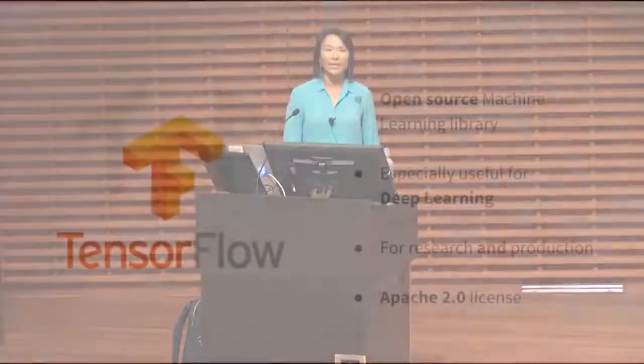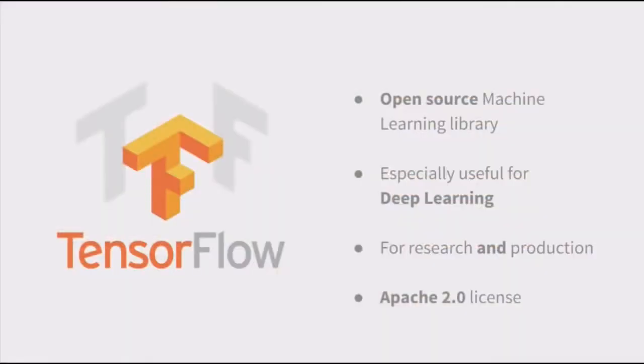So with that, we can move forward to talk about TensorFlow. So what exactly is TensorFlow? TensorFlow is a machine learning library that we developed at Google, and we open sourced it last November. And ever since then, we have become the most popular machine learning library on GitHub.